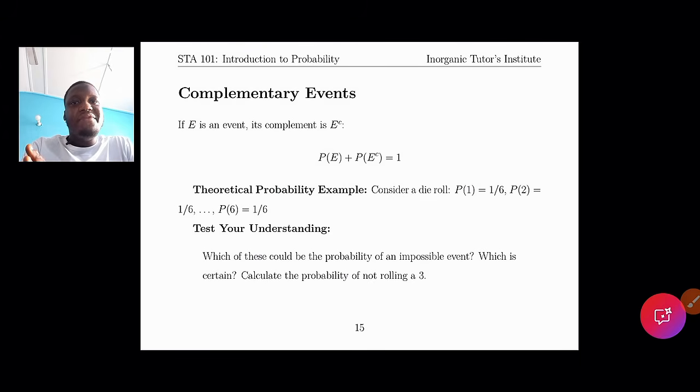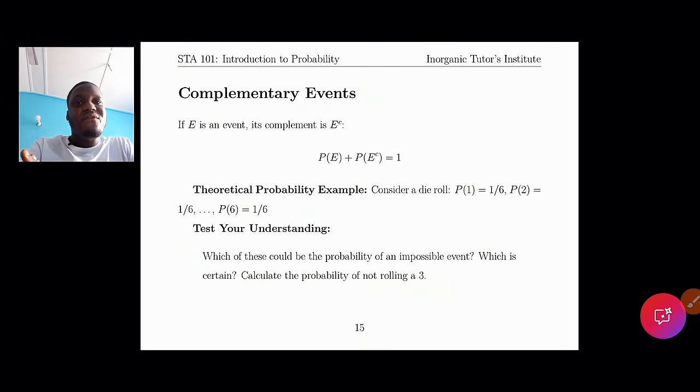Or if in a test 60% of the answers are true, then we know that true goes with false. There's no other outcomes we can add to this. So in that case, false will be a complement to true.